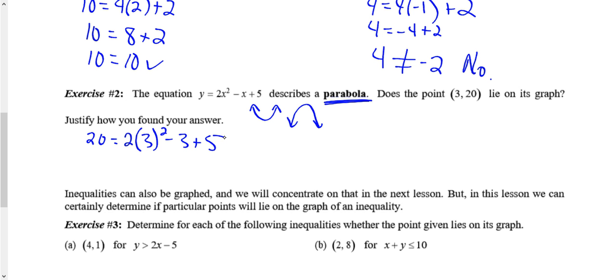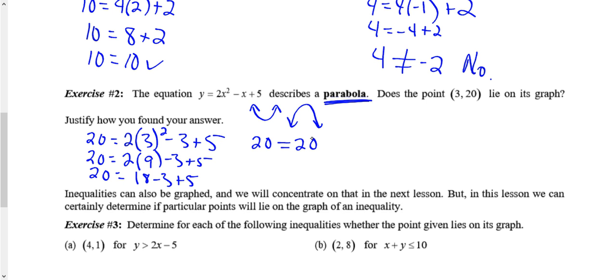The 3 squared, which is 9. Okay, thank you. So 20 equals 2 times 9 minus 3 plus 5, right? 20 equals 18 minus 3 plus 5. What is 18 minus 3 plus 5? It's 20. So that point makes that equation true, and it would also lie on the graph that that equation makes.